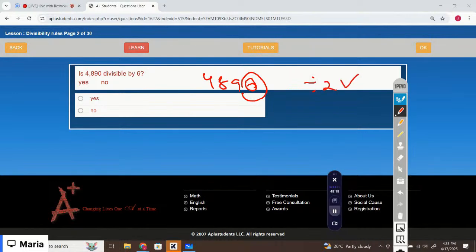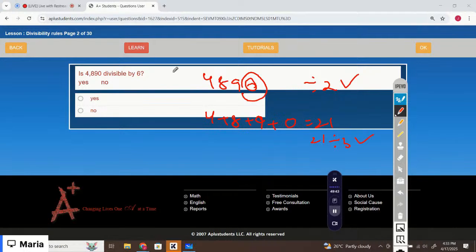Now we need to see if 4,890 is divisible by 3. The divisibility rule for 3 is that the sum of all the digits must be divisible by 3. 9 and 8 is 17, 18, 19, 20, 21. So 21 is divisible by 3.